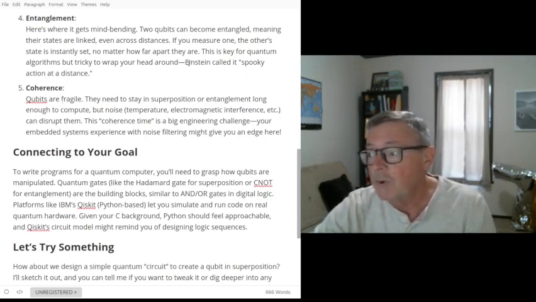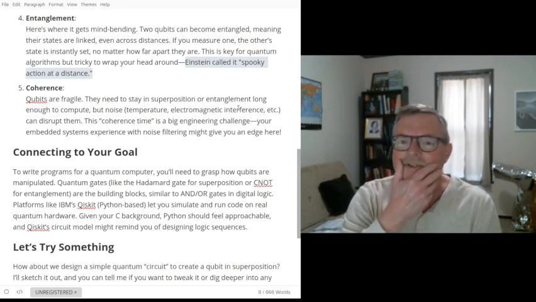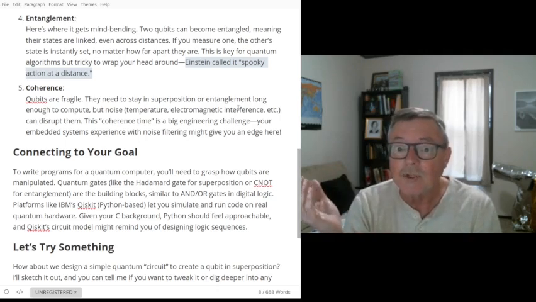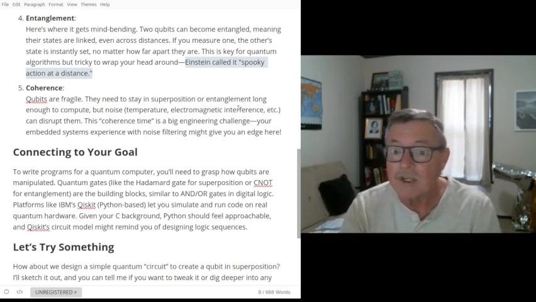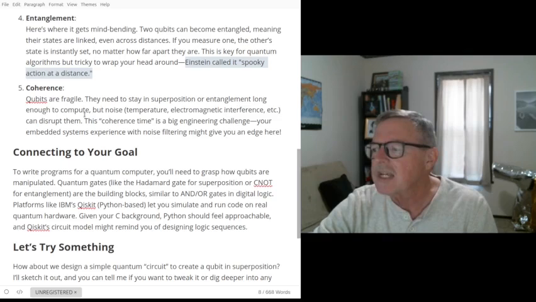You want to know how weird it is? Einstein called it spooky action at a distance. This stuff works. We can make measurements and we can make qubits, but the actual physical thing is a little bit hard to understand.